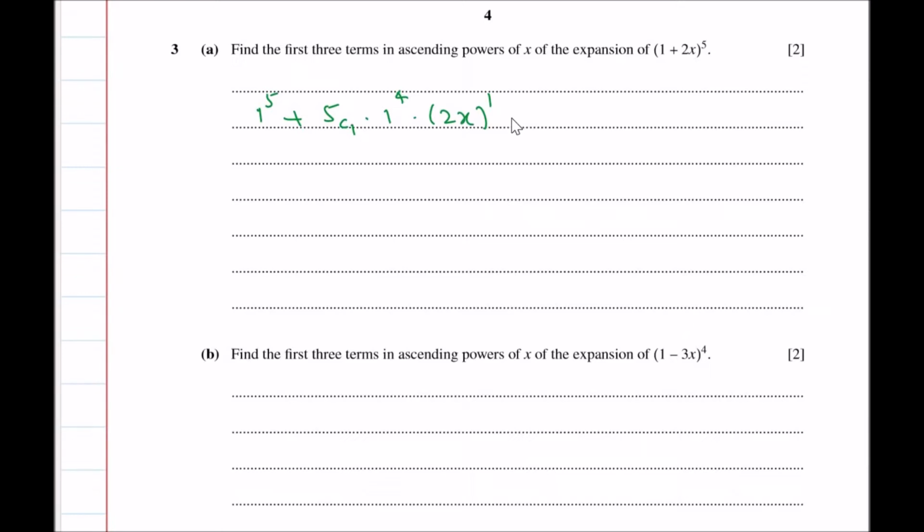So 4 plus 1, 5. Now the third term will be 5c2, 1 to the power 3 and 2x to the power 2. Now we'll just need to simplify. This is 1. If you simplify the middle term, we get 10x. And the last term, that is third term, 40x square. Because 5c2 is 10 and 2 square is 4. So 10 times 4 is 40.